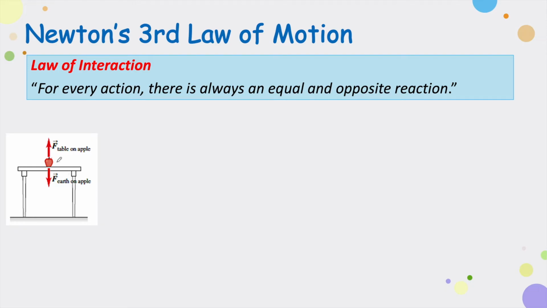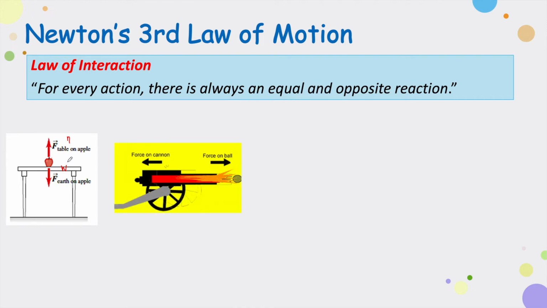The table exerts an upward force on the apple in the form of normal force, and then the apple also exerts a force on the table or on the earth in the form of weight. It can also obey Newton's third law in the example of a cannon being fired. The ball goes toward this direction, while the cannon itself moves to the opposite side.